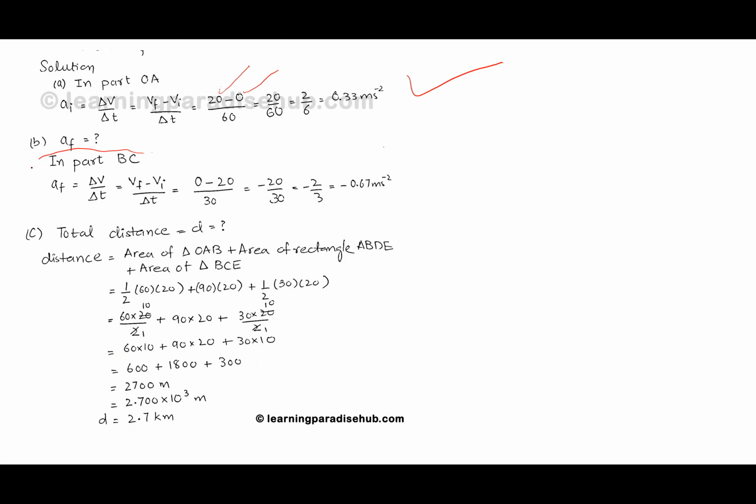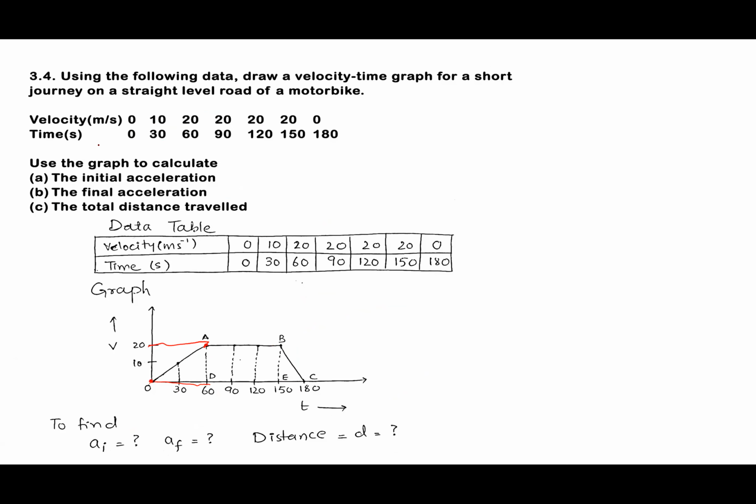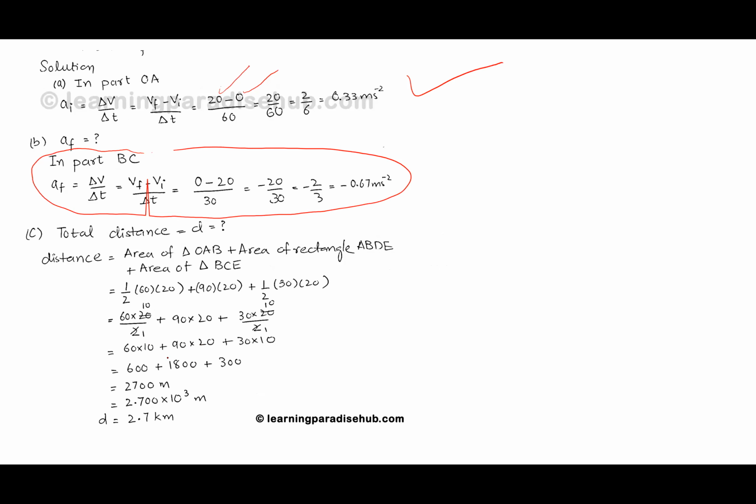During part BC, we have to find the acceleration. So back to the diagram. Here the initial velocity is 20, and the final velocity is 0. So 0 minus 20, divided by 30 seconds. So this is the value.